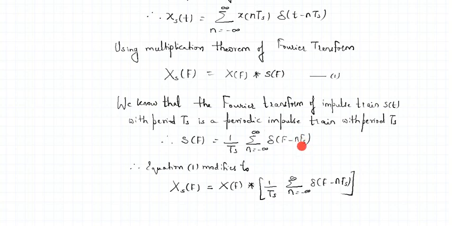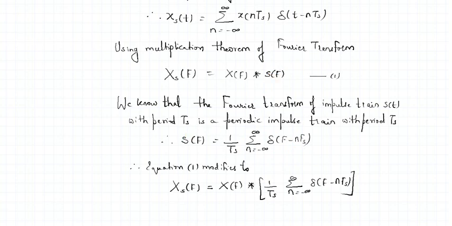So the samples appear at 0, at fs, at 2fs, and so on. Now, if I substitute this S(f) into equation 1, what do we get?